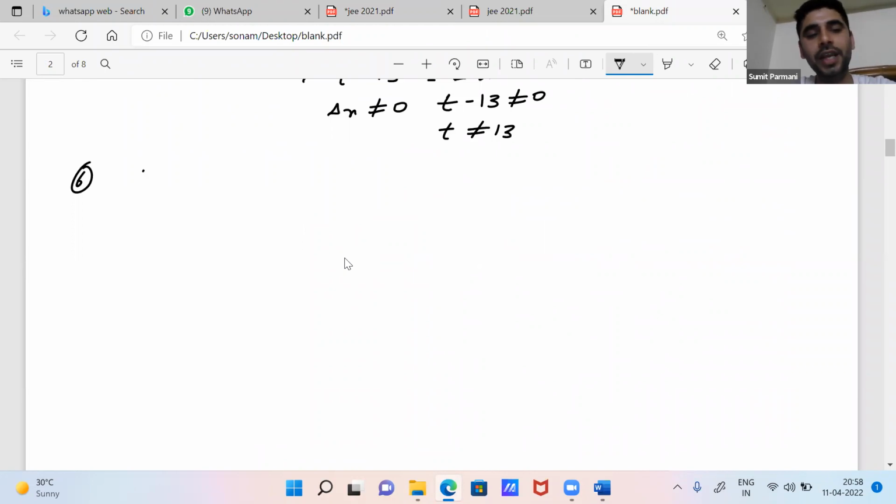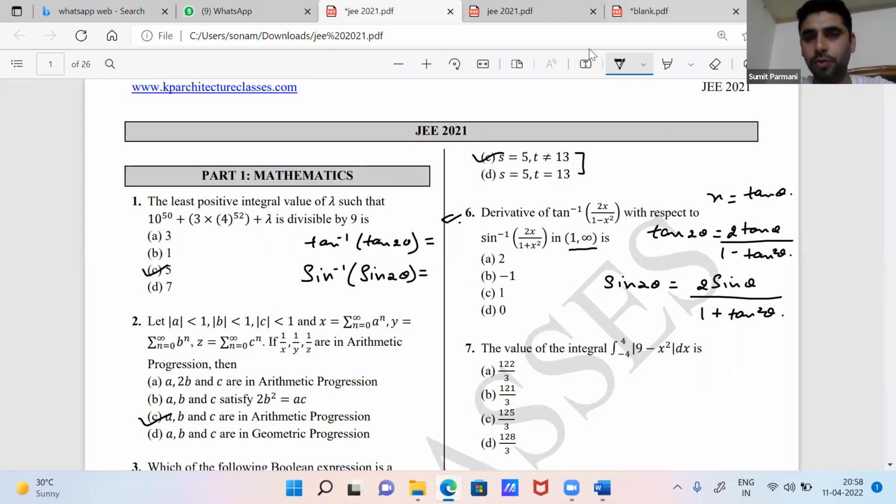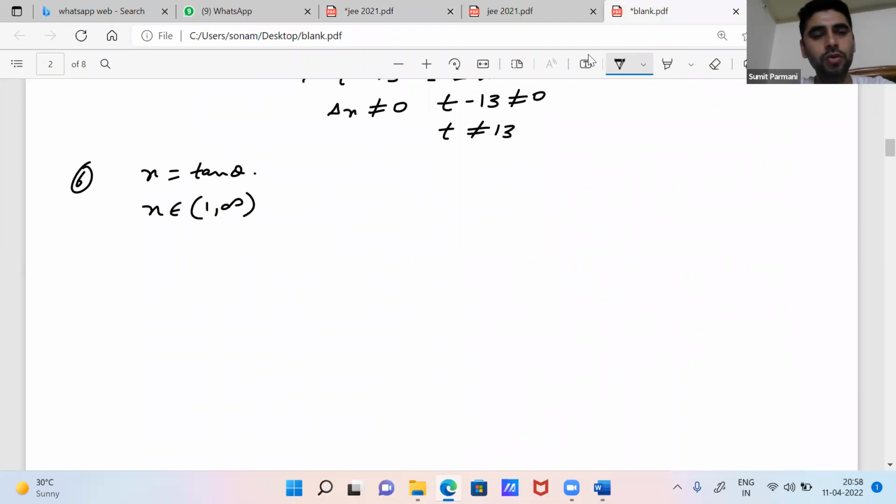Sixth, we have taken x equals tan theta, and it is given x belongs to the open interval 1 to infinity. So definitely theta belongs to the open interval pi by 4 to pi by 2. That means 2 theta belongs to the open interval pi by 2 to pi.